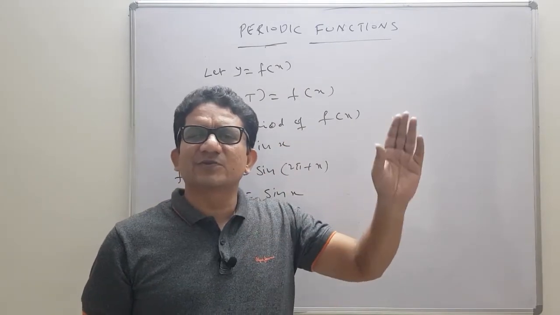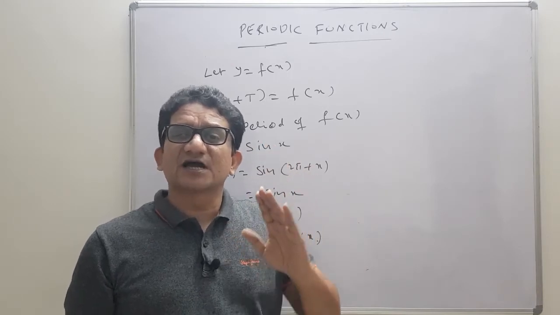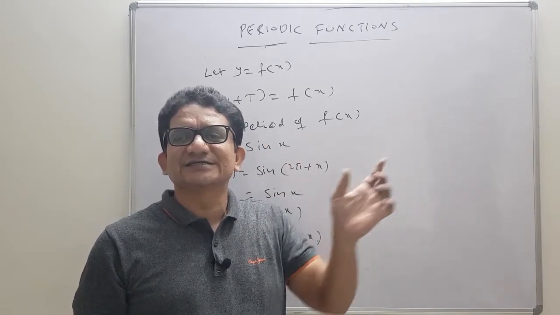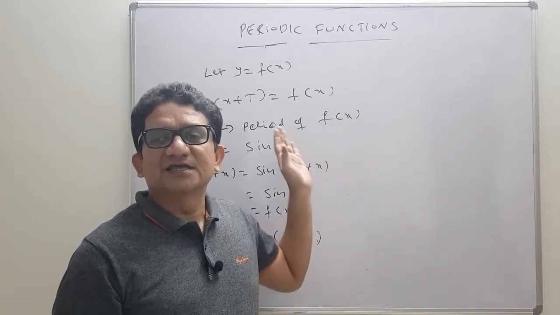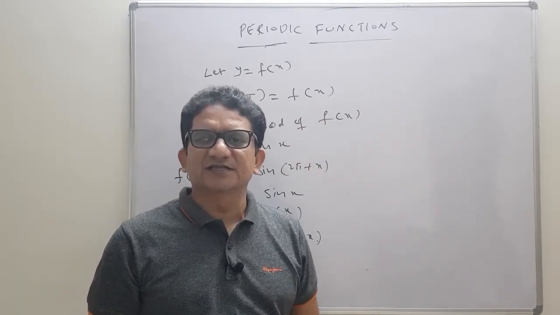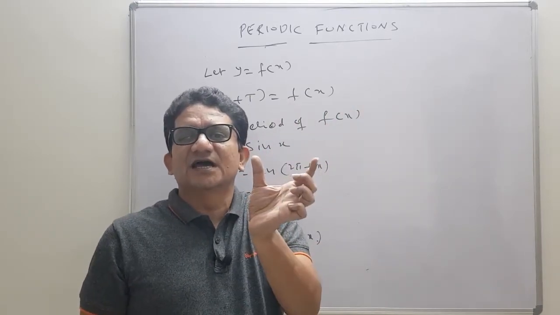The most common and general way of telling a periodic function is, see, if the graph of the function repeats in a certain interval, then the function is said to be periodic. That means the structure of the graph repeats in a particular length.